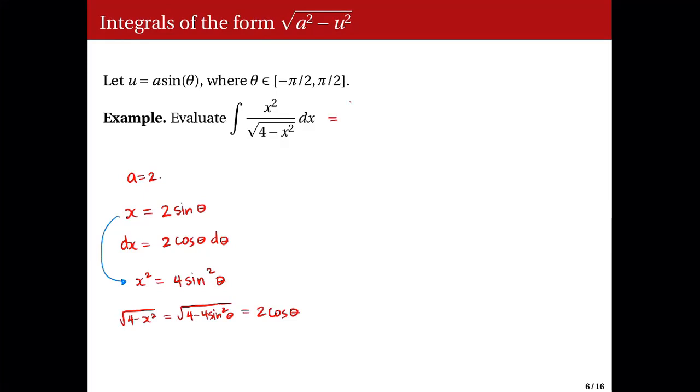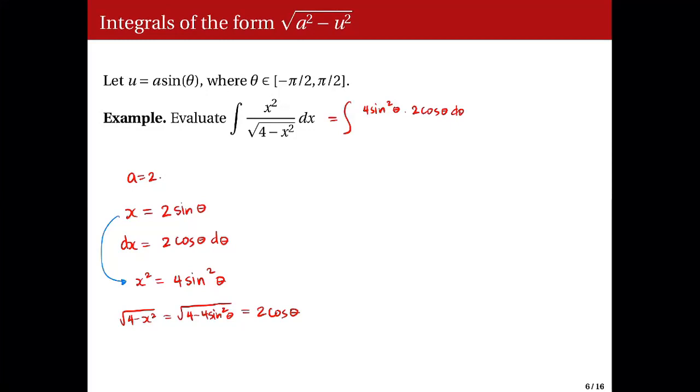Thus, we now have the following. X squared is 4 sine squared theta, and then we have the dx, so times 2 cosine theta d theta.